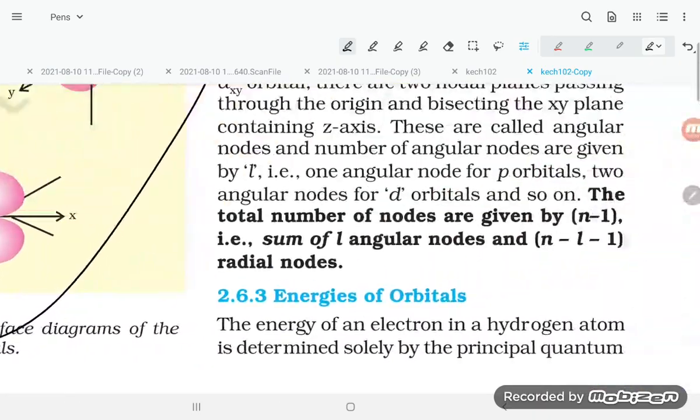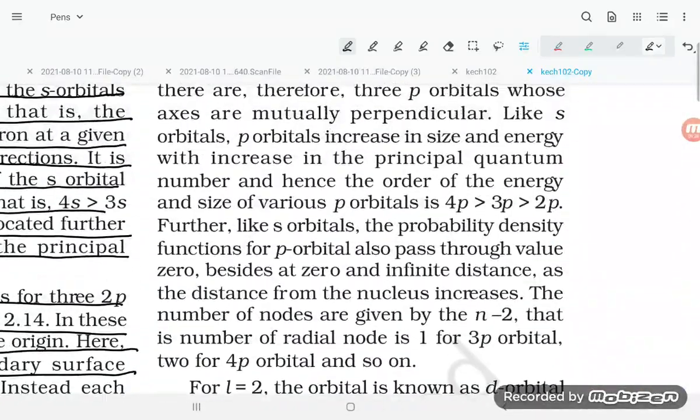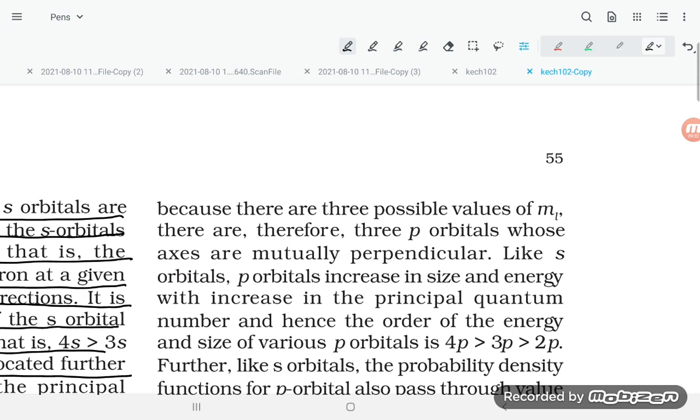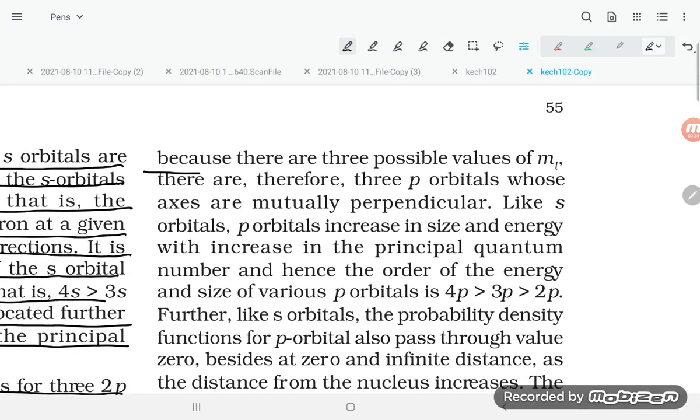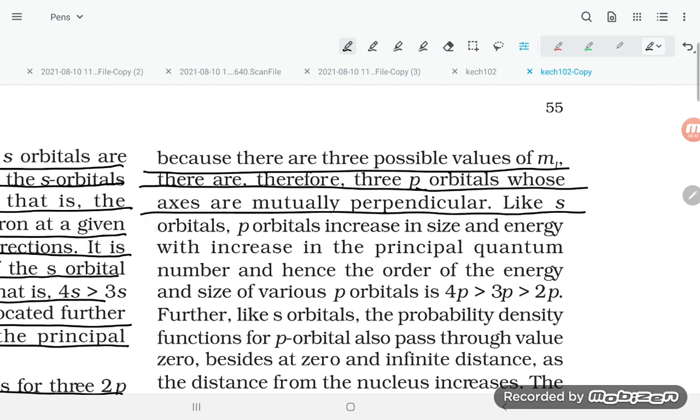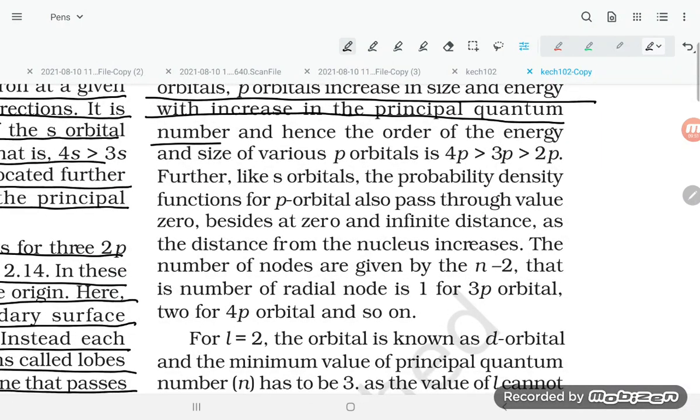What we have to remember is that because there are 3 possible values of m, there are 3 p orbitals whose axes are mutually perpendicular. Like s orbitals, p orbitals increase in size and energy with increase in the principal quantum number, and hence the order of energy of the various p orbitals is 4p, 3p, 2p.